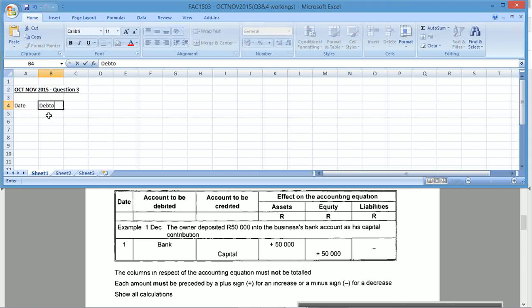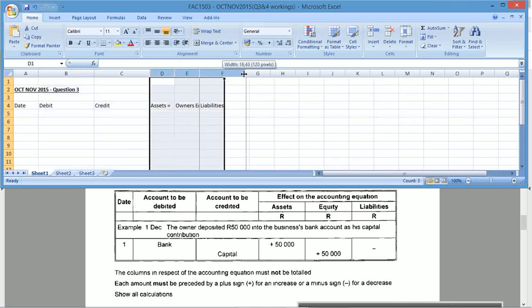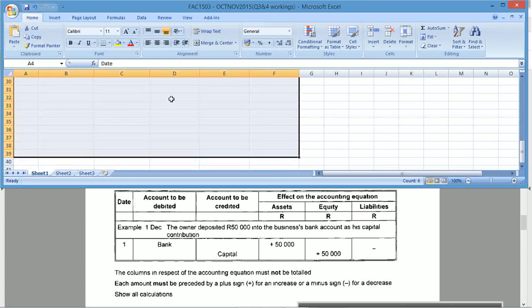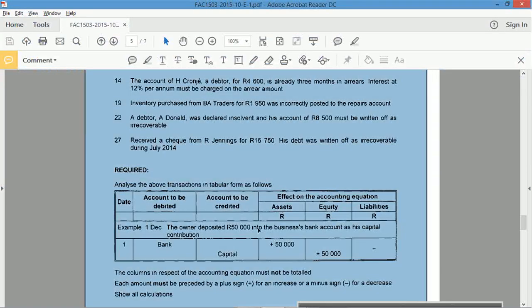Date, debit, credit, then you've got your assets equal your owner's equity plus your liabilities. Right, so you're asked to create something that looks like that for this question. That's what you would start out with in your exam, the format.